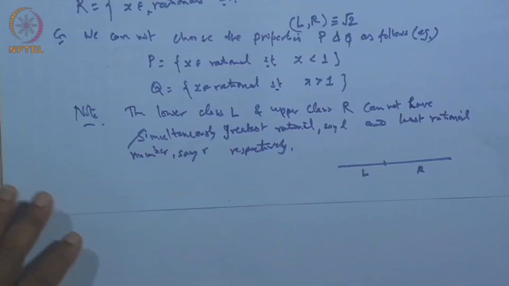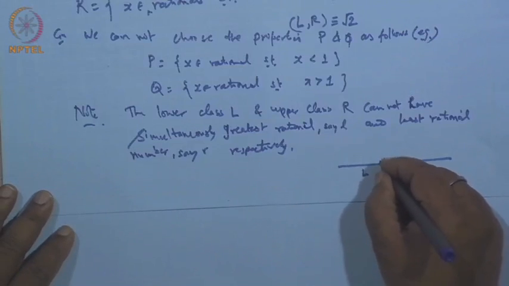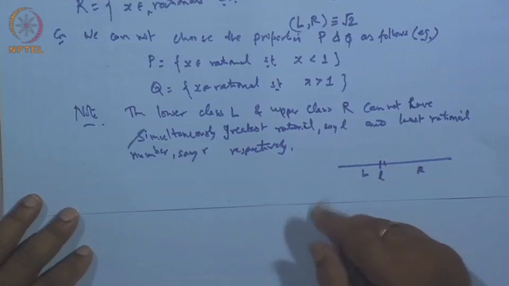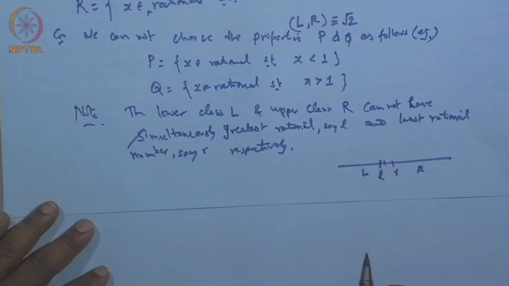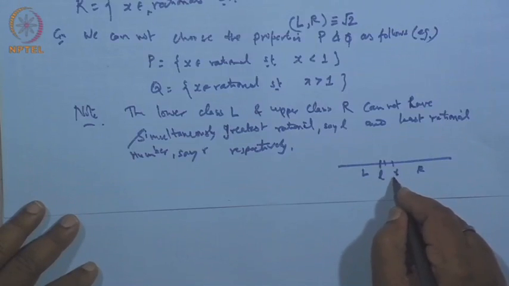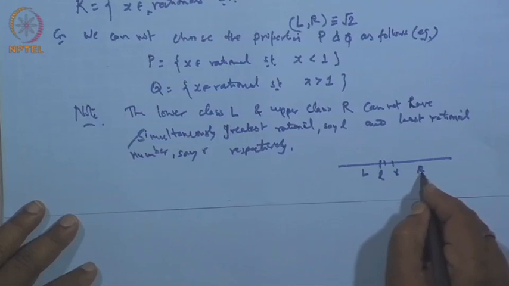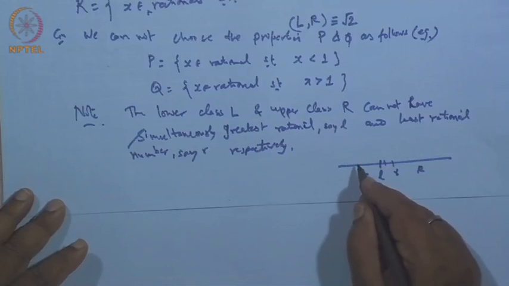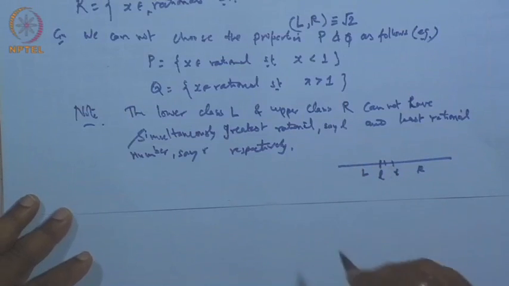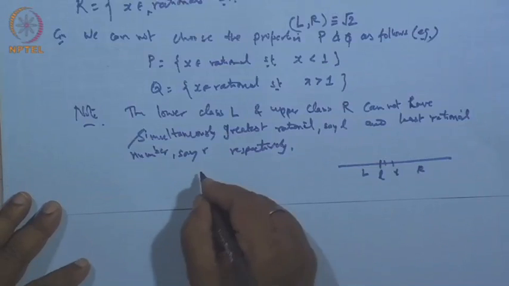Why? Suppose it is true, it means the number L which is the largest belongs to L, and the number R which is the least belongs to R. It means a number lower than R will not be available in capital R, and a number greater than L will not be available in L. So, what happened between L and R?